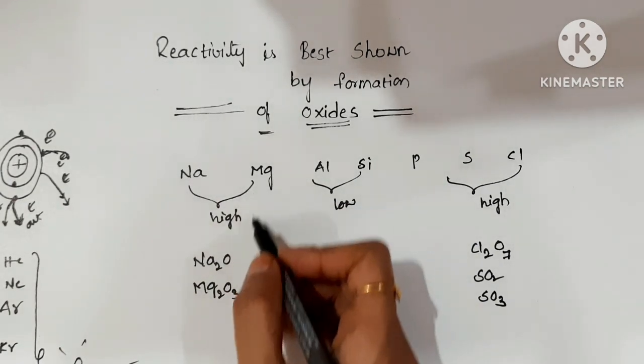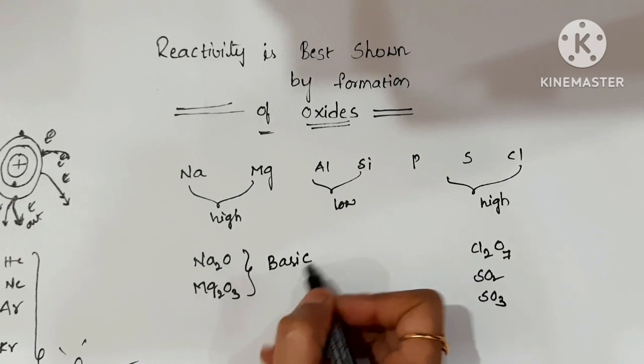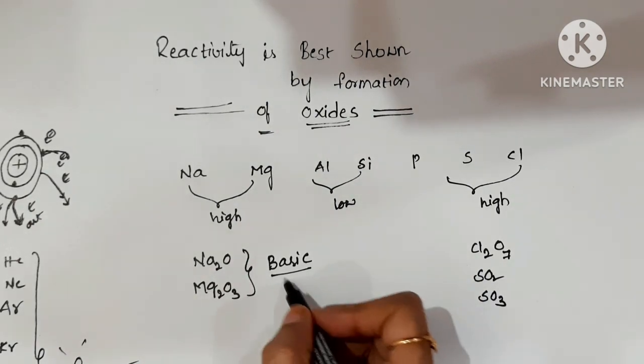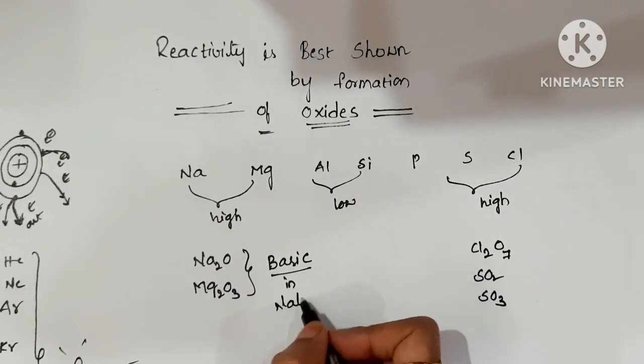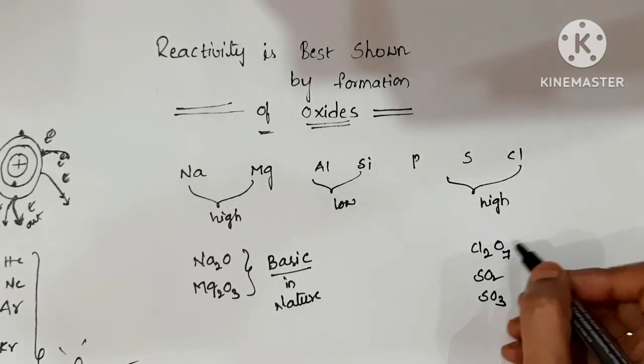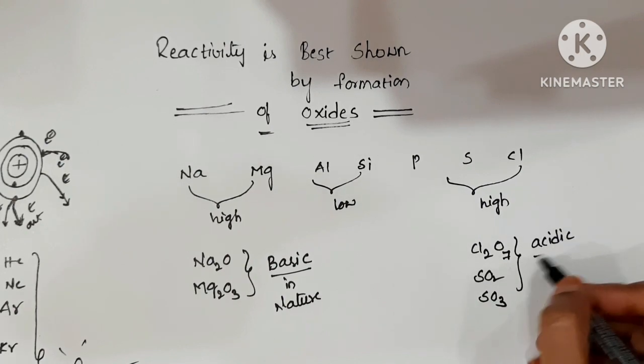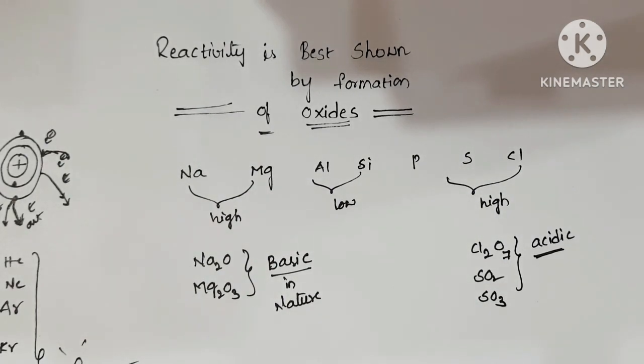Oxides of these elements are basic in nature. And oxides of these elements are acidic in nature. What is acidic? What is basic?